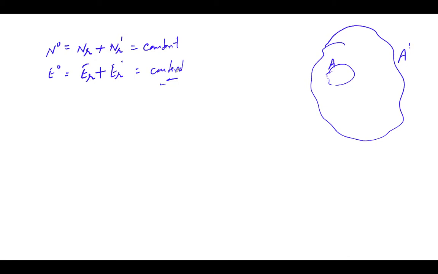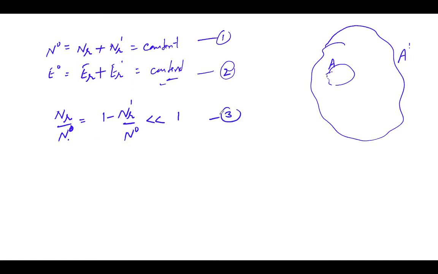Let us call these equation 1 and equation 2. Clearly, from 1 we can write Nr over N naught equal to 1 minus Nr dash over N naught, which is very small compared to 1, because the heat reservoir has a very large value compared to the system. Similarly, for energy, we represent the particle number by Nr and the energy by Es, in order to avoid confusion.